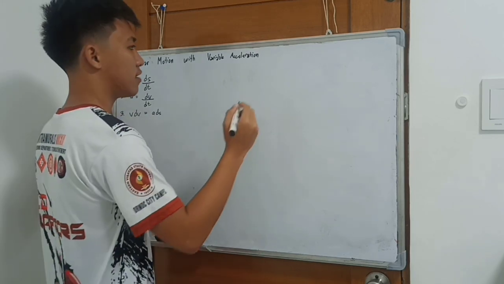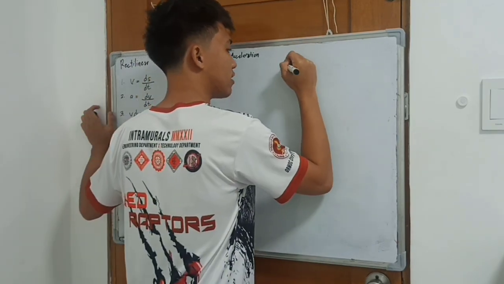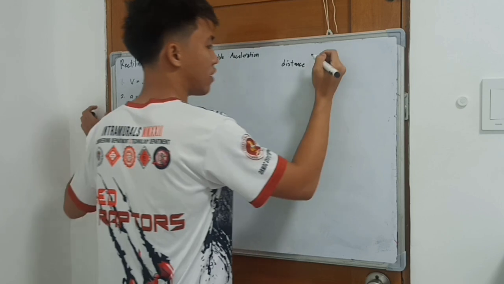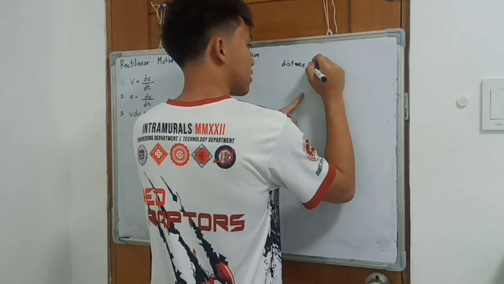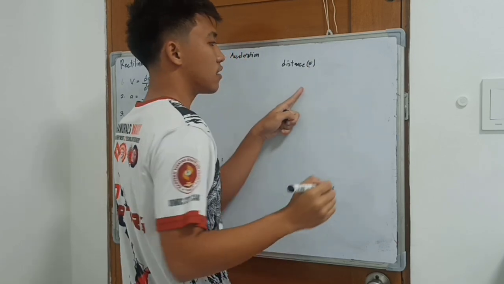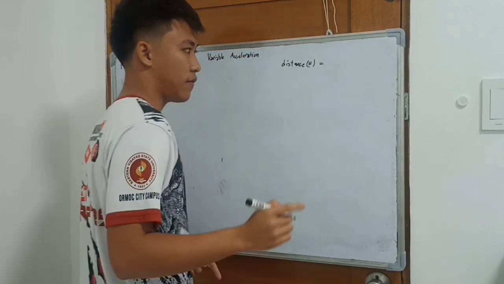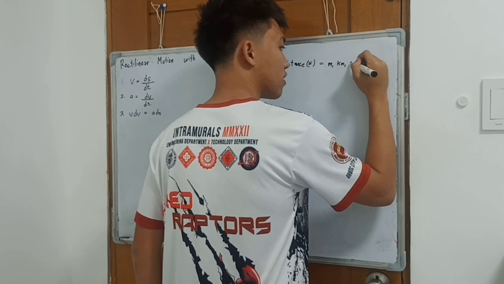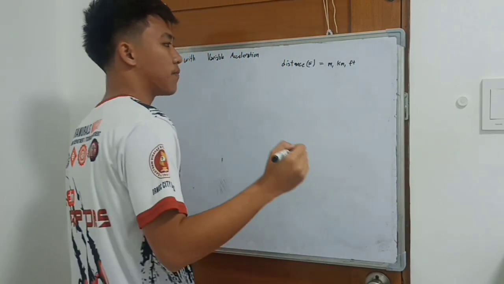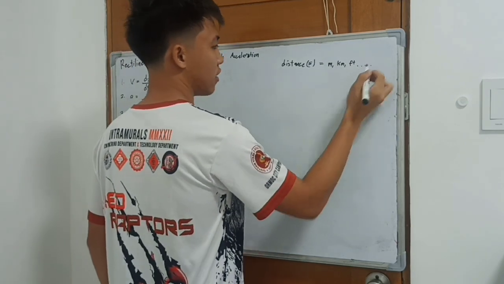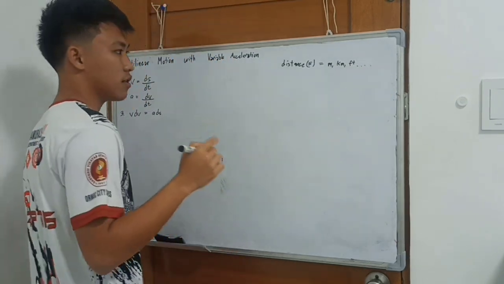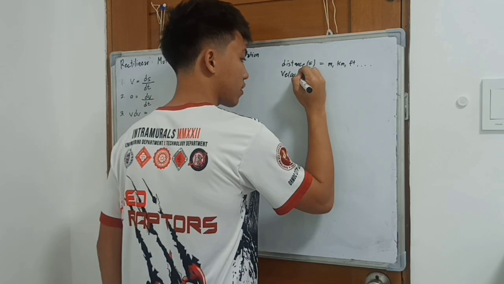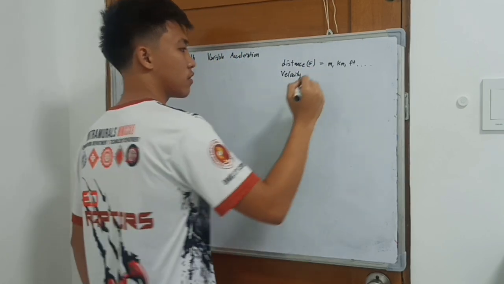The first is the distance, also known as s, with units of meters, kilometers, feet, and so on. The second is the velocity, or v.